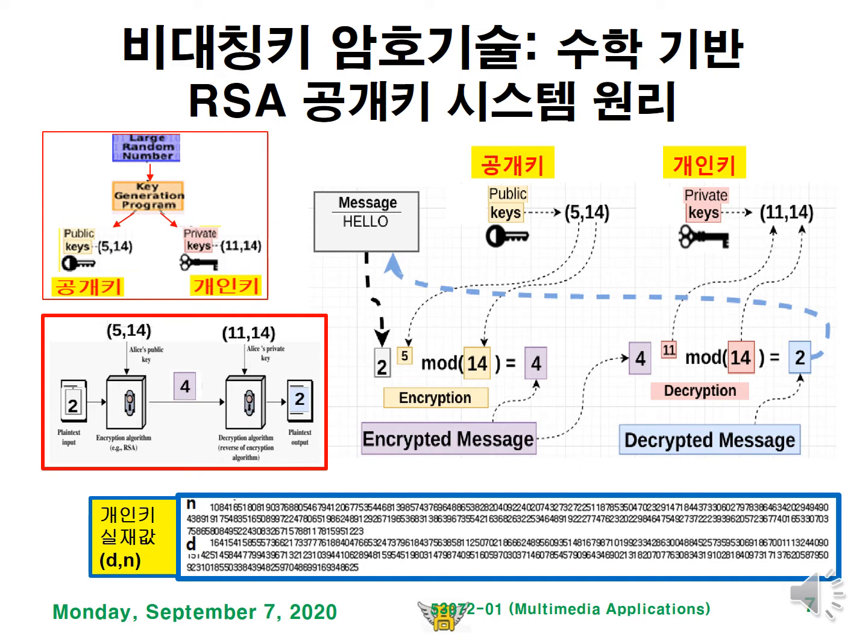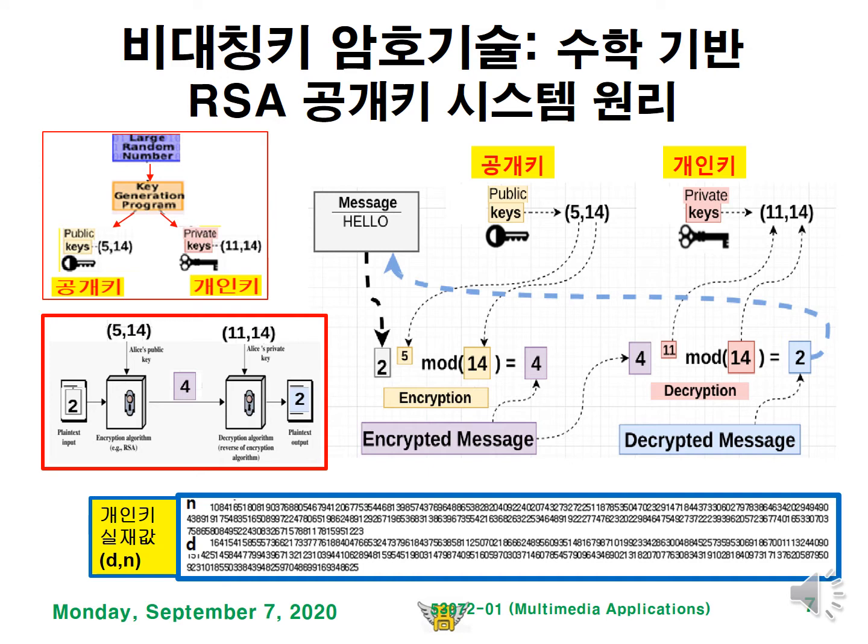So in the RSA public key system, all use mathematics. Mathematics is number theory. So the message is represented by numbers. The key is represented by numbers.